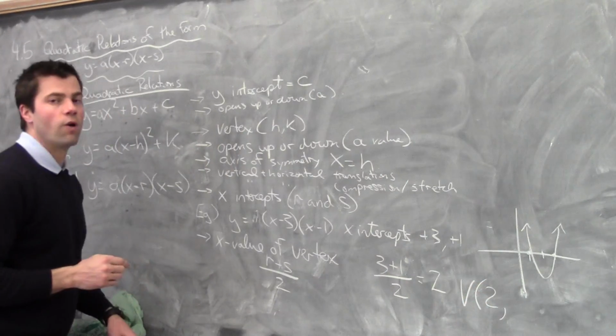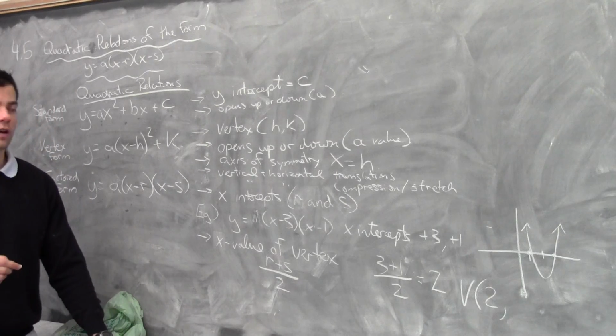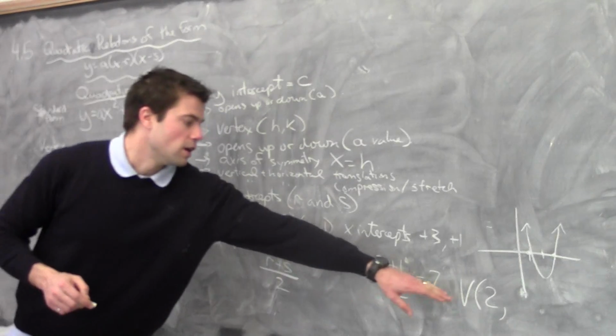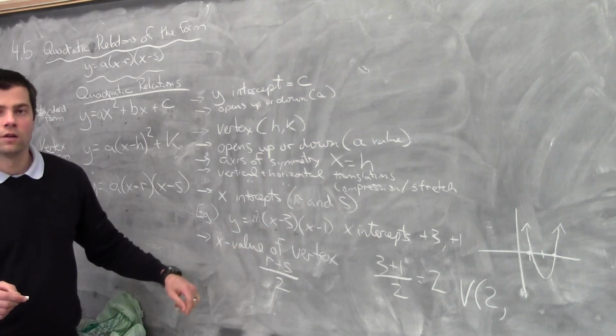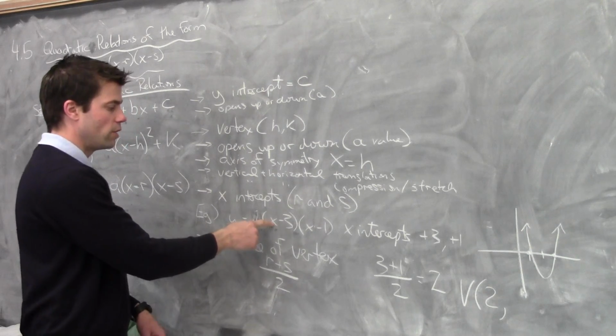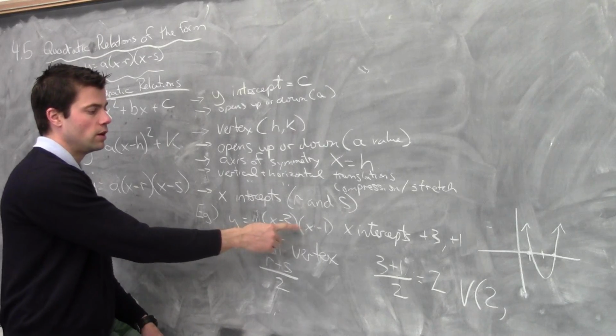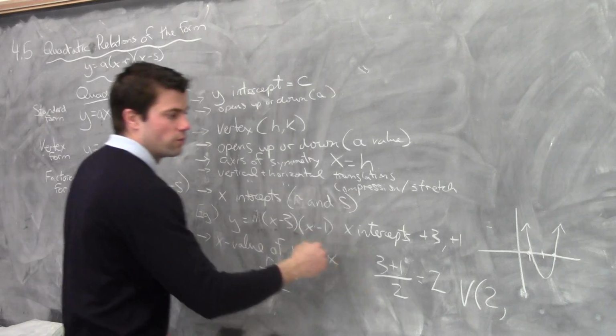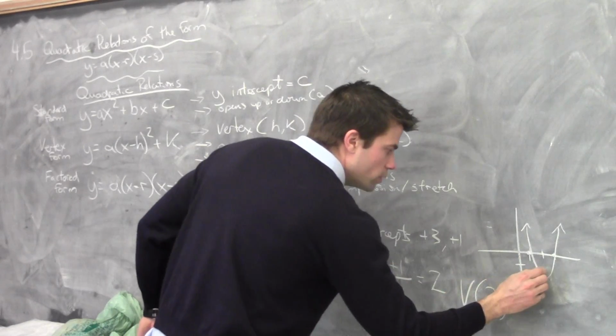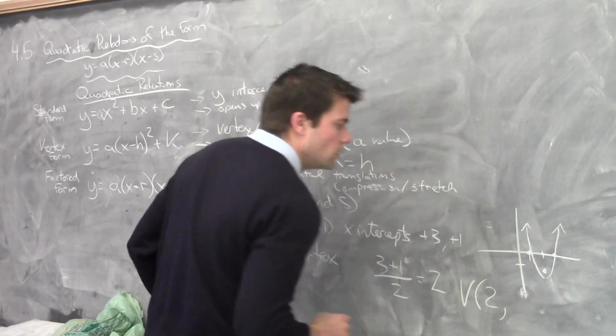And then to find out the y value, Lucas, what can I do? If I have an x value and I have the equation here, how can I find out the y value? Just plug it in. Good, just plug it in for x. So we have 2 minus 3 is negative 1 times 2 minus 1 is 1. So negative 1 times 1 is negative 1. So my vertex is actually here.